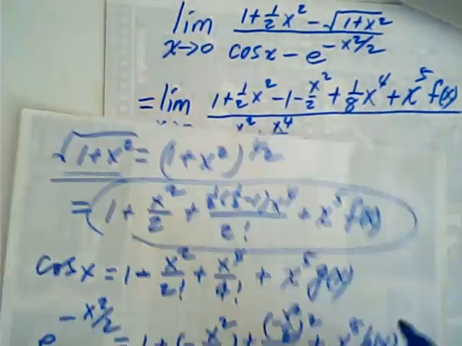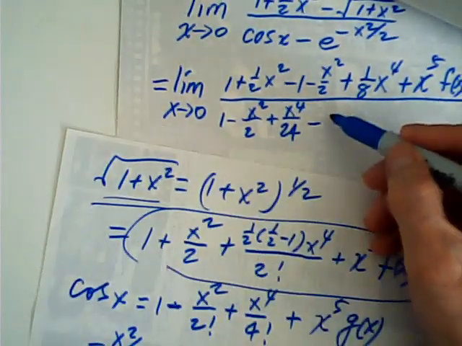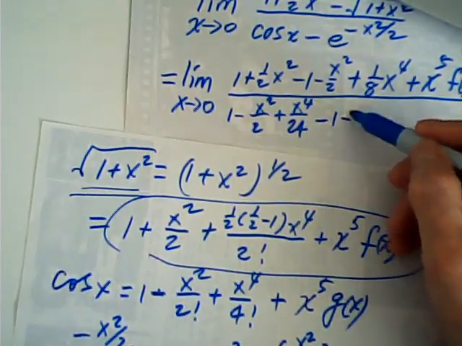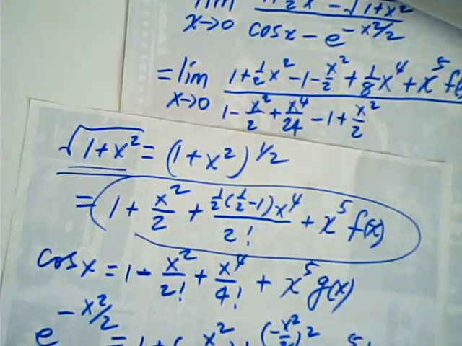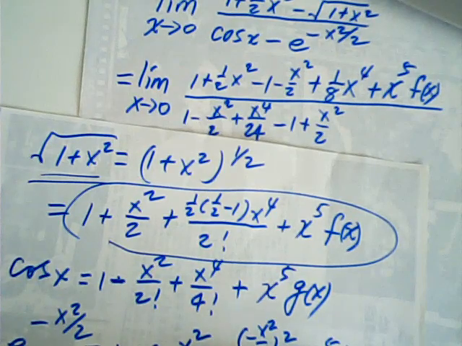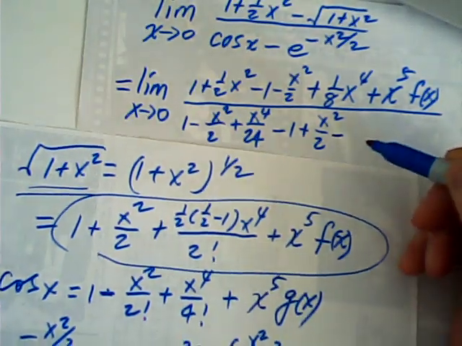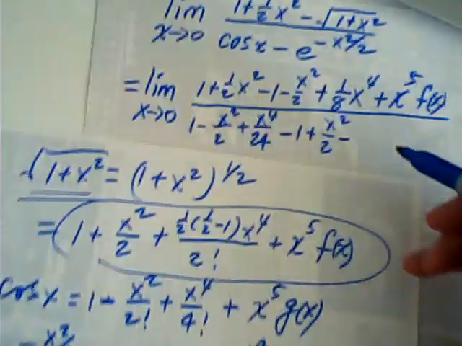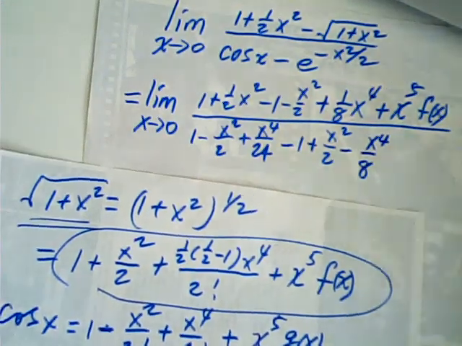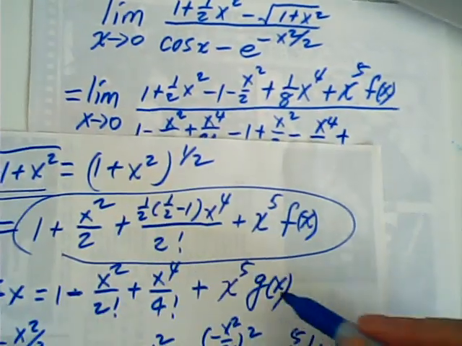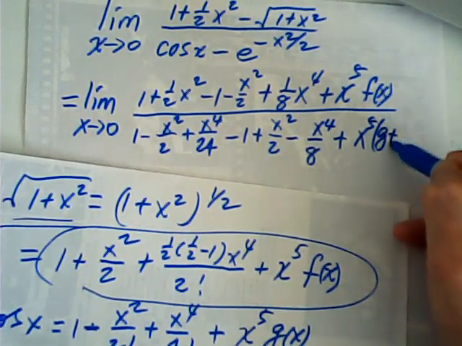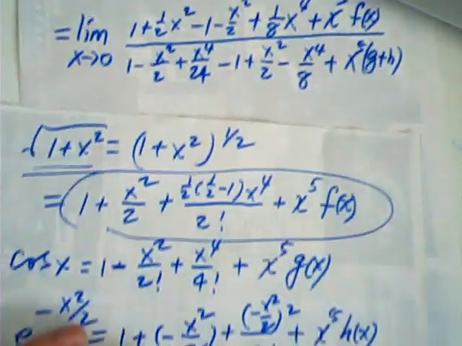And minus this, minus 1, and minus this one becomes plus x squared. And this is a plus, therefore minus. This is a fourth, this is 2, therefore eighth, x to the fourth. And plus the remaining terms, x fifth times g plus h, right?